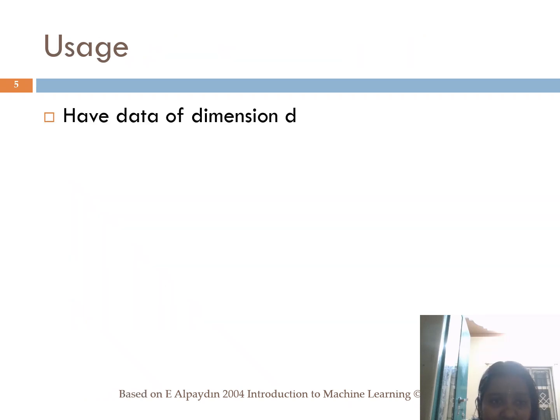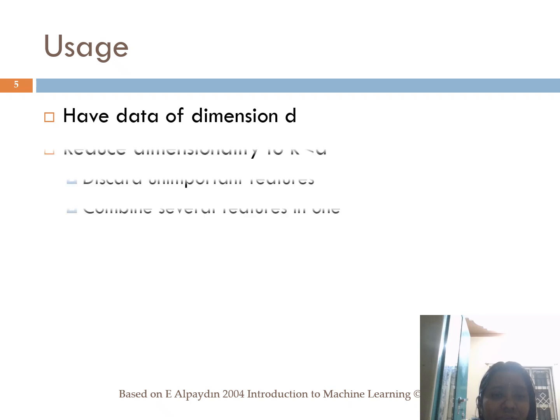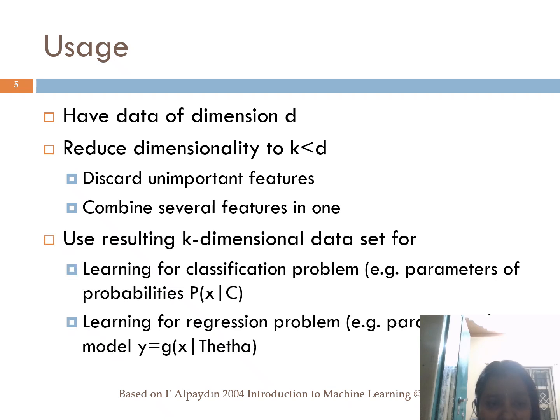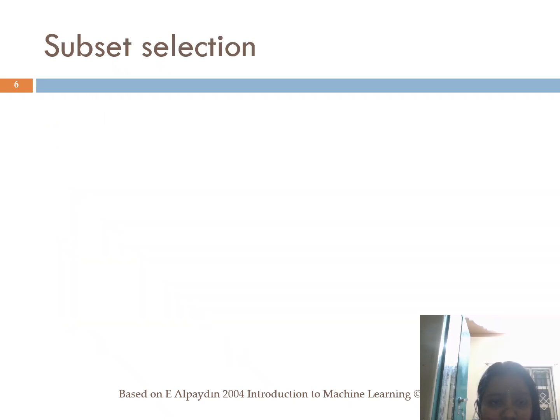In dimensionality reduction with d dimensions, we discard the unimportant features and combine several features into one. The resulting k-dimensional data set is used for learning a classification problem, the parameters of probabilities, and for regression problems, the models with theta.